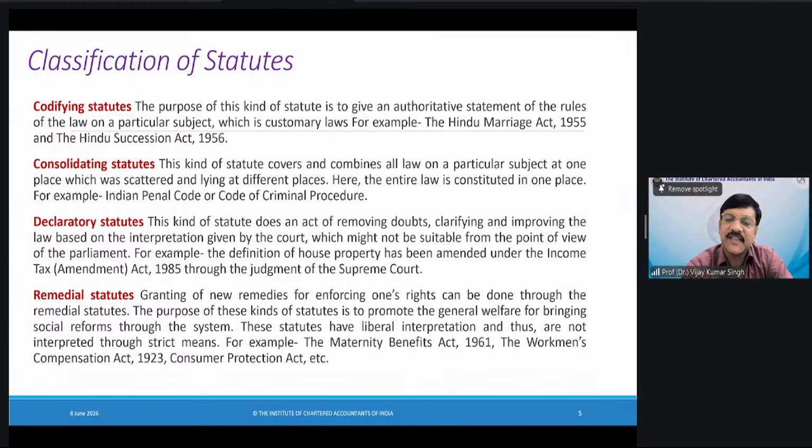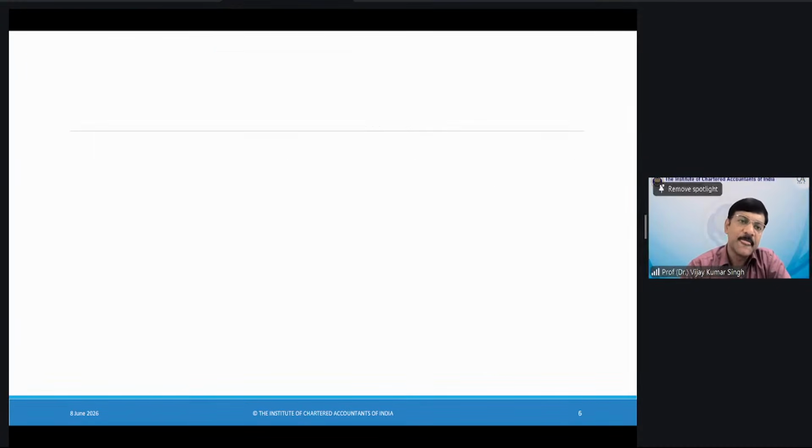For example, in interpreting the Maternity Benefits Act, the courts most of the time have interpreted in favor of the mother. Similarly, the Workmen's Compensation Act and Consumer Protection Act are remedial statutes, and hence the courts have always utilized a liberal interpretation in favor of the people for whom the law has been made. I hope remedial statute is clear to you.